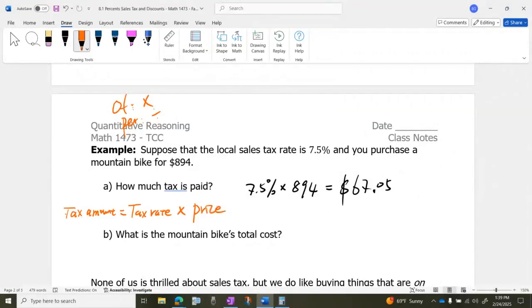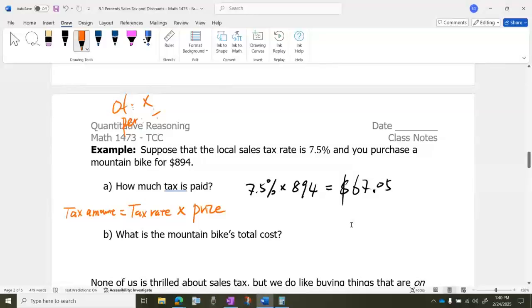Okay. It's good to know the formula, or you just use your sense, your understanding of how much the tax is in dollars. So I have to pay 7.5% of the worth of the product, right? So I multiply 7.5% by the item price. Either way. Part B, what is the mountain bike's total cost?